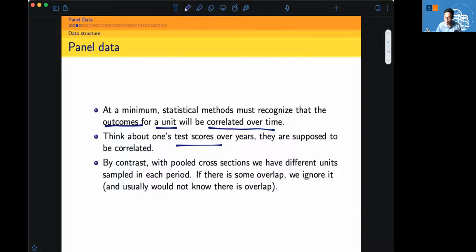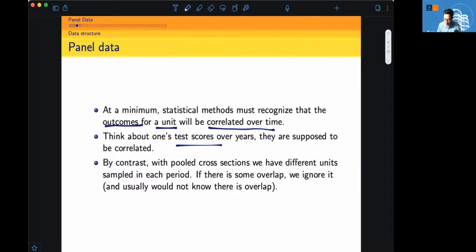Basically, you have t and then t minus 1. At least you have to acknowledge that the student's test score at the end of the year will be correlated with the student's test score at the beginning of the school year.